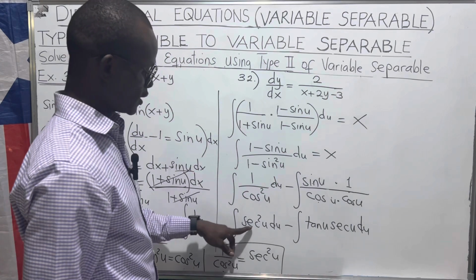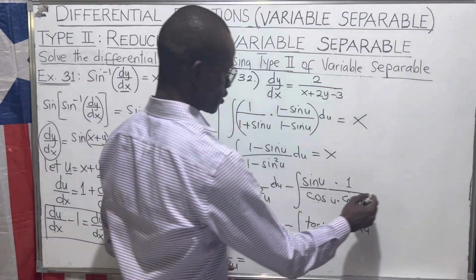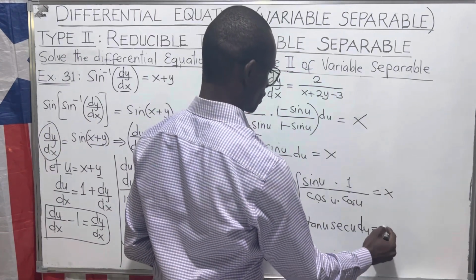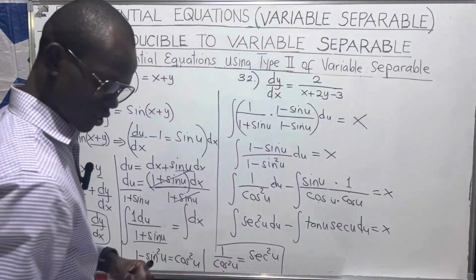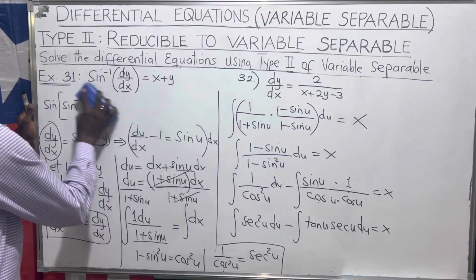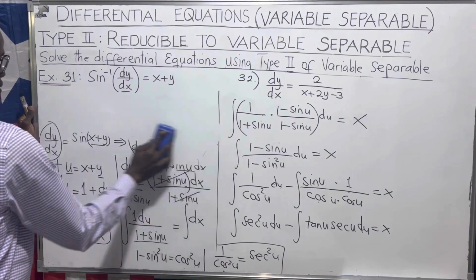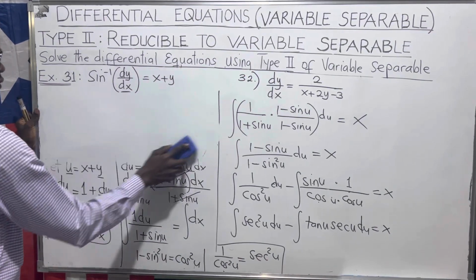So what is the integral of secant square u? It is just equal to tangent of u.